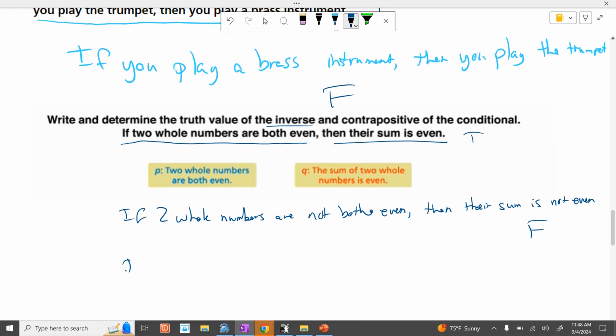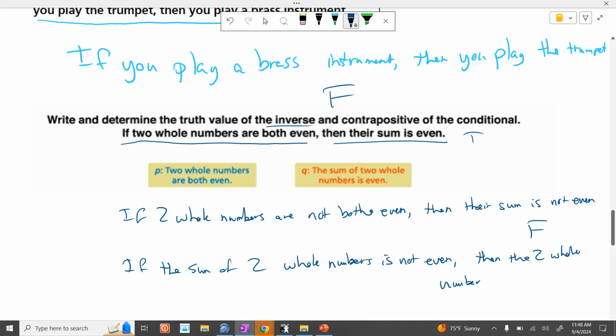The contrapositive would be, if the sum of two whole numbers is not even, then the two whole numbers are not both even.